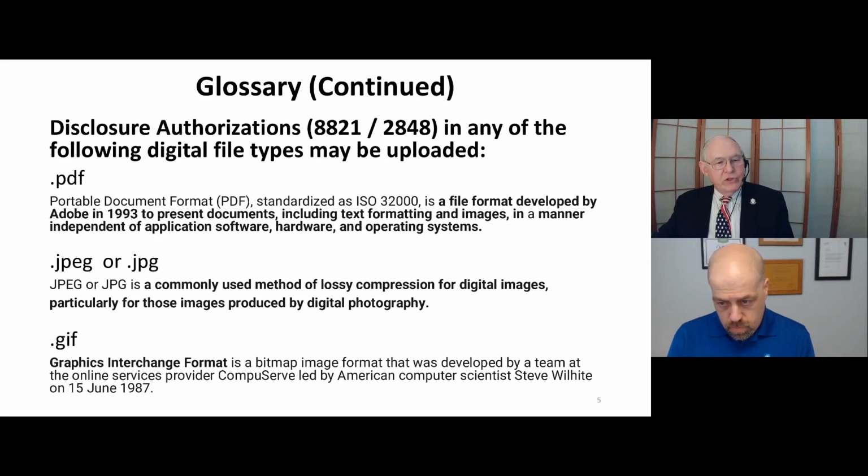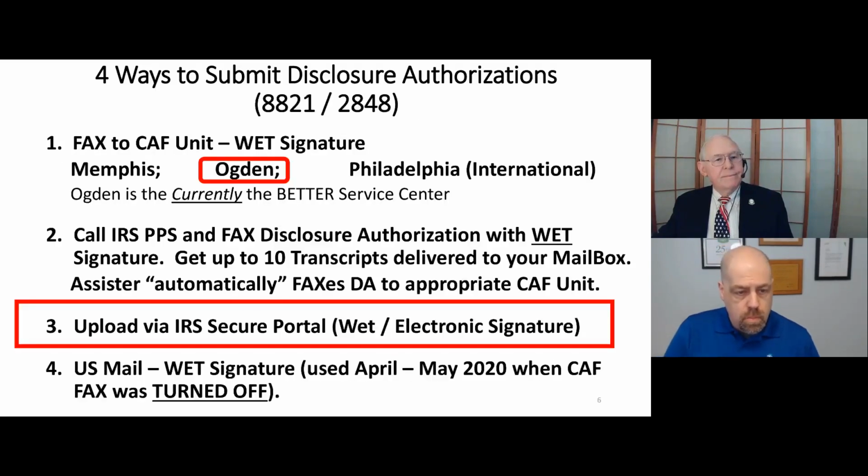It came through as a JPEG, and last night I uploaded it as a JPEG. It went through just fine. GIF, if you're into it, is actually kind of the backbone technology for faxes, so you could upload it that way as well. But the biggie is usually PDF or JPEG.